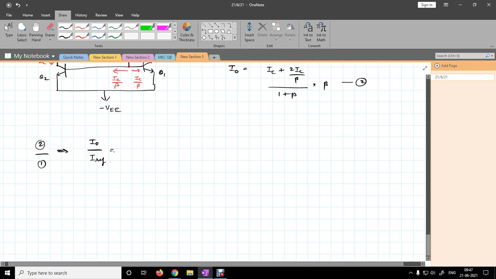I naught by I ref is IC into 1 plus 2 by beta into beta divided by 1 plus beta, whole divided by, I have taken IC common, 1 plus 2 by beta divided by 1 plus beta.